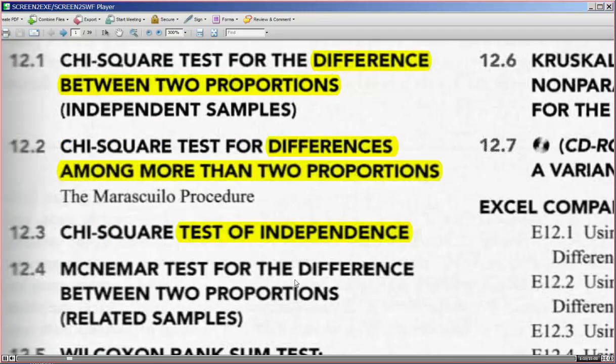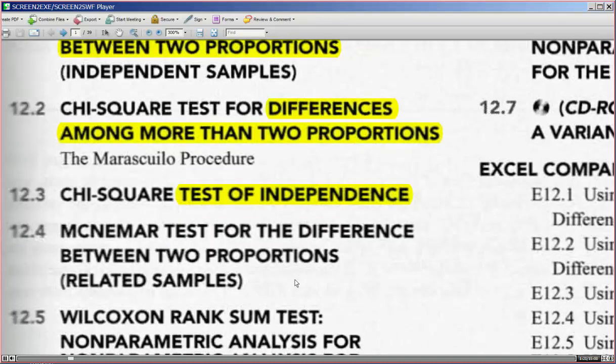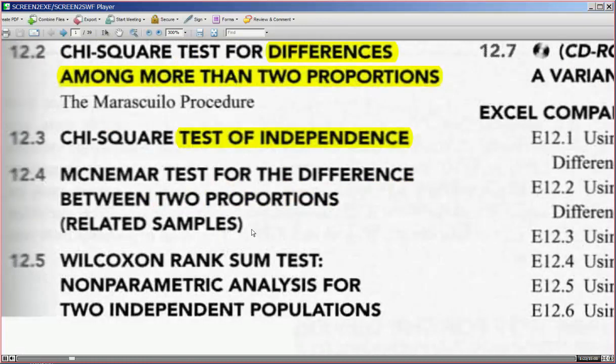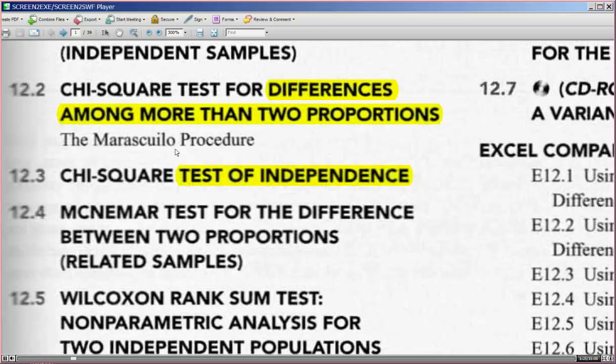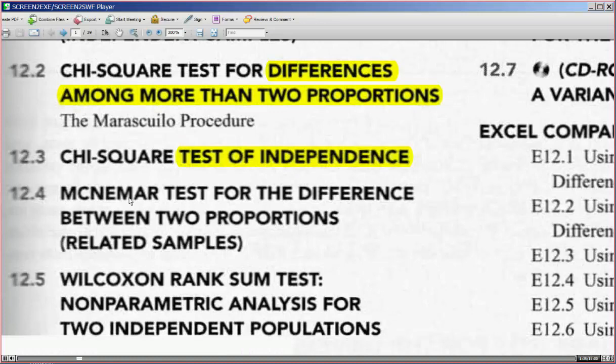Then new test, McNemar. And by the way, this is the Morris-Kuilov procedure you were wondering about, because you forgot it from the lecture when it was mentioned during the lecture. Next one is McNemar test for the difference between two proportions.